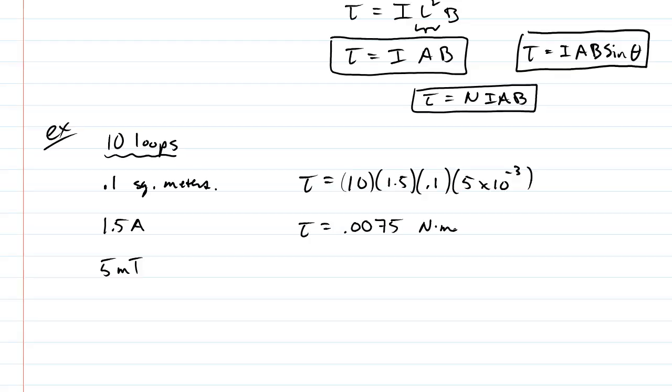Now Newton meters is the unit for torque, and so you could use that to figure out, if I have this amount of torque rotating on there, how much force there is, by figuring out how far away in meters the force you want to apply is. So for example, if I was exactly 1 meter away, the force would be 0.0075 Newton meters divided by 1, which would still be 0.0075.